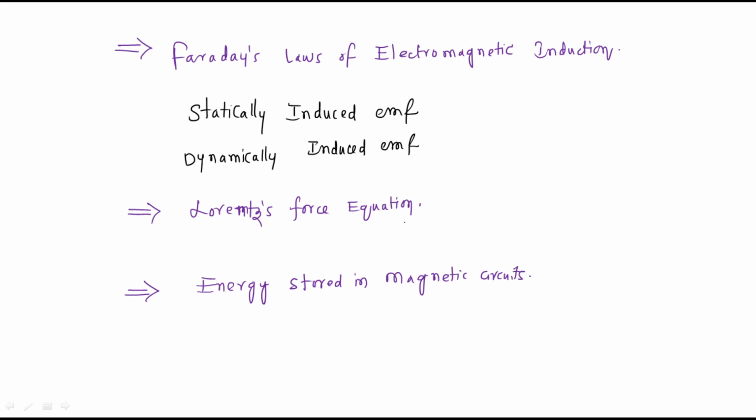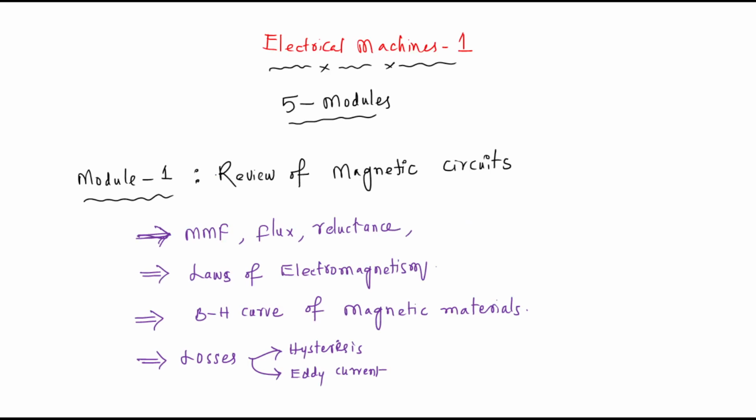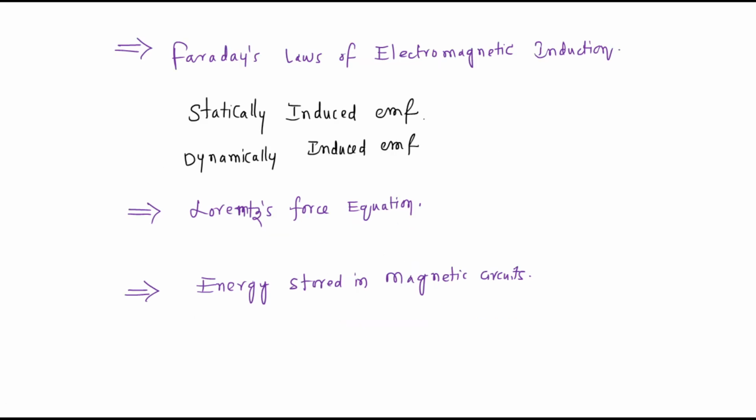So these are the contents which come under module 1. Those are nothing but basics of magnetic circuits. Those are nothing but MMF, flux, reluctance, laws of electromagnetism. Those are nothing but Biot-Savart's law and Ampere's law, and BH curve of magnetic materials and losses. Those are nothing but hysteresis and eddy current losses.